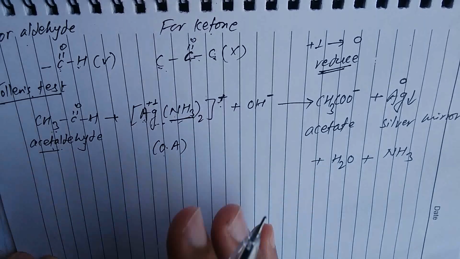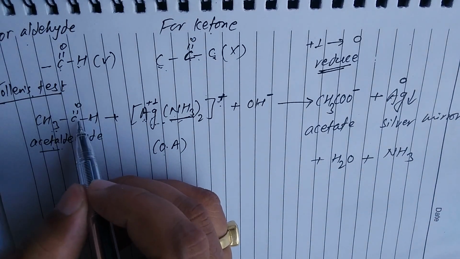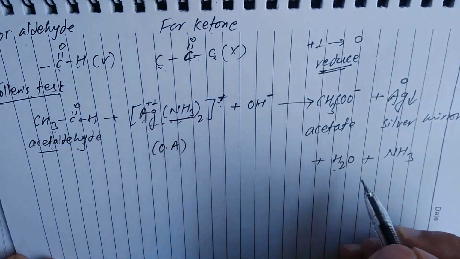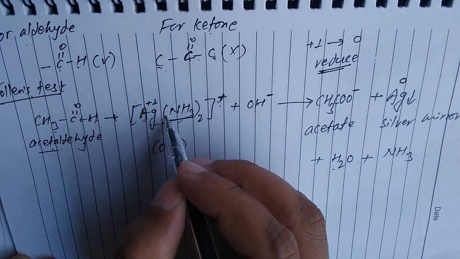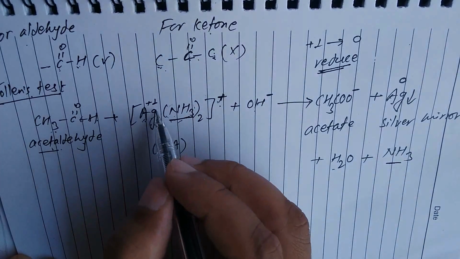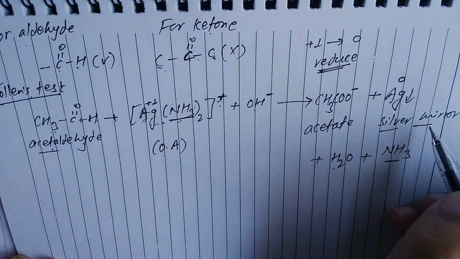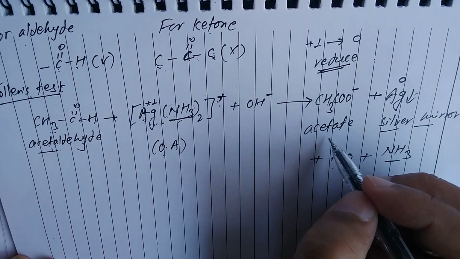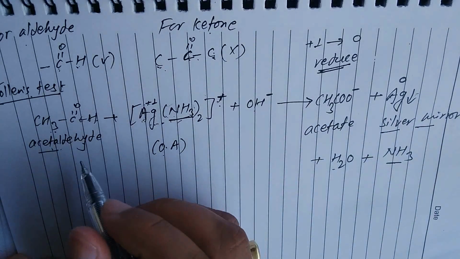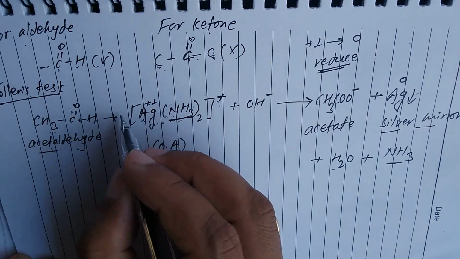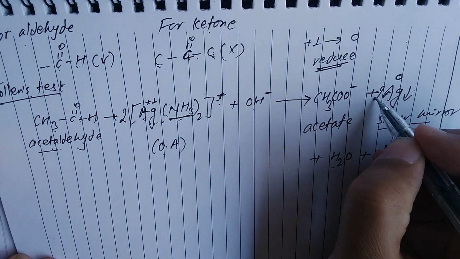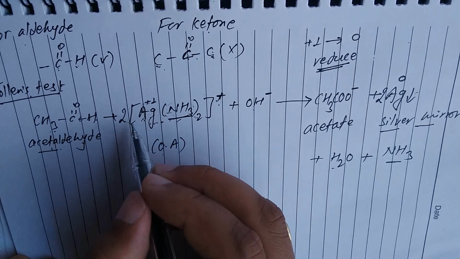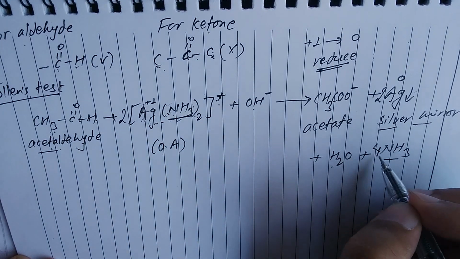So what is the trick? Addition of one oxygen, and remove this hydrogen, and water will be formed here, H2O, and this NH3 will be formed here, and this Ag is separated and forms silver mirror precipitation, and acetate ion is formed. To balance this chemical reaction, here we can put 2 Ag, and here is also 2. So nitrogen is 2, 2 twos are 4, so here put 4.